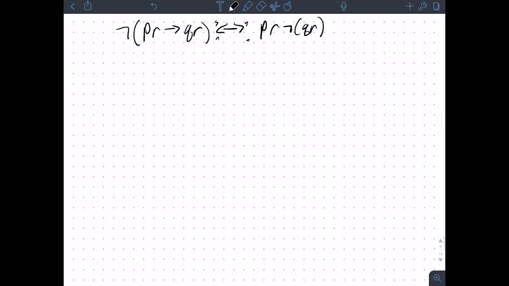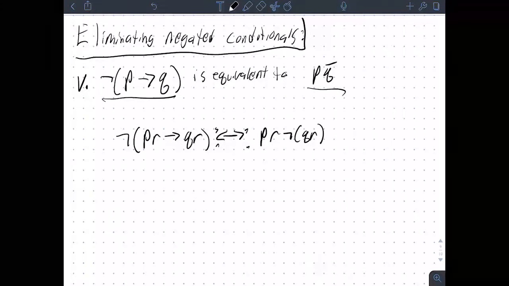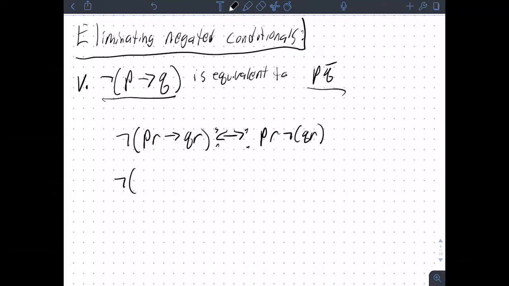Okay. So again, another example. If we have not P or Q, therefore R. So this is going to be equivalent to this.